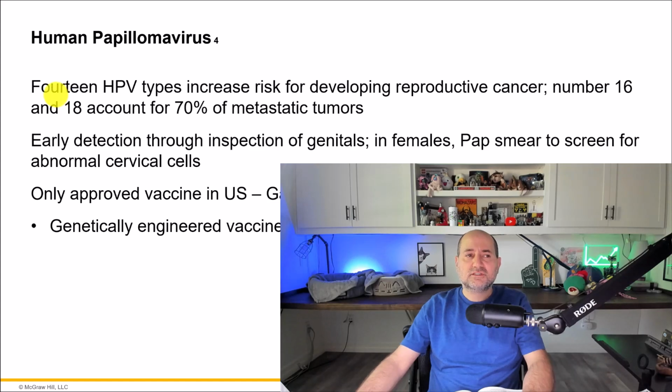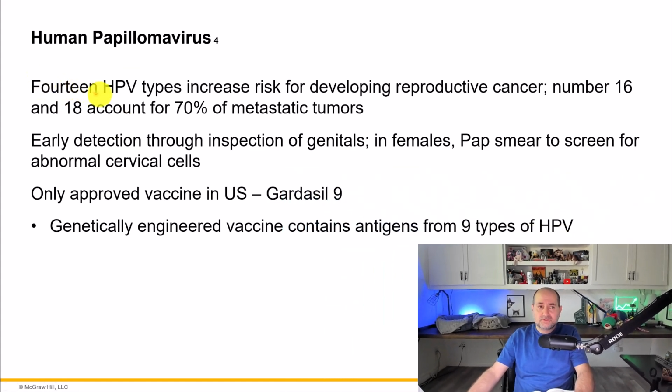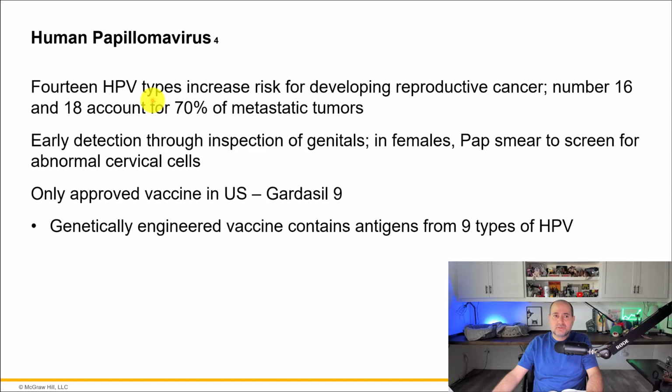And unfortunately, 14 of those HPV types or strains increase the risk for developing reproductive cancer. This is known as cervical cancer. And HPV 16 and 18 account for 70% of metastatic tumors.